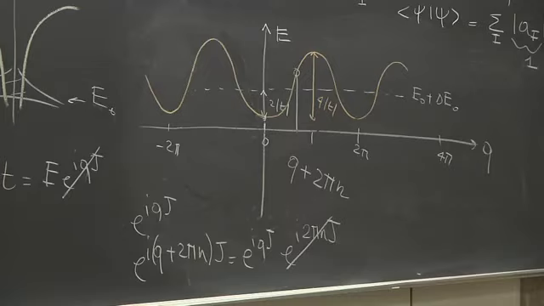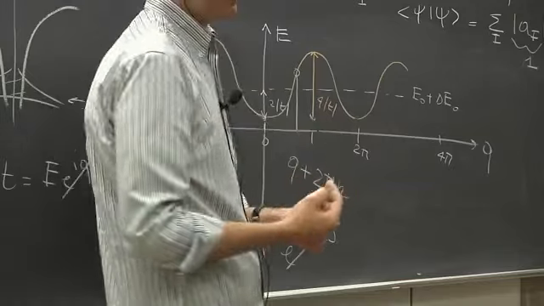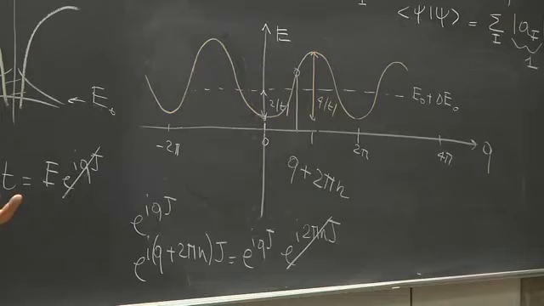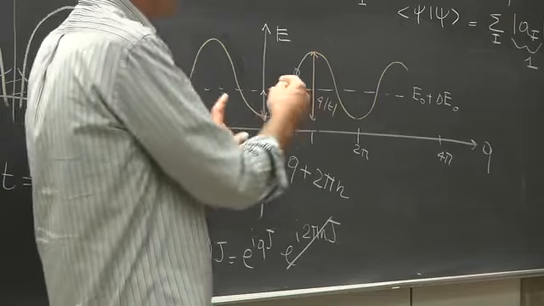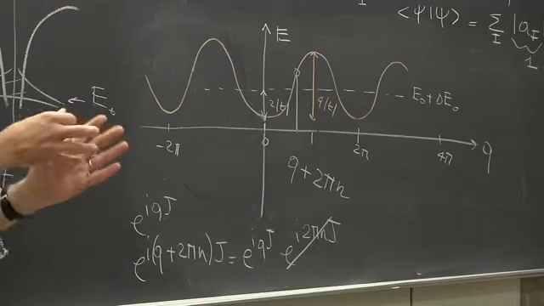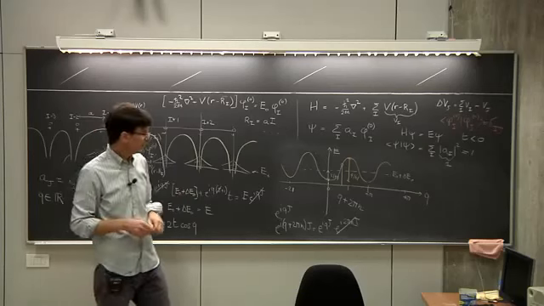Well, if it's periodic, I just limit myself to a segment of length 2 pi. If I limit myself to a segment of length 2 pi, I automatically exclude all the redundancies, right? Because if I move away, I'm sure I will find something that is inside. So I could do this.